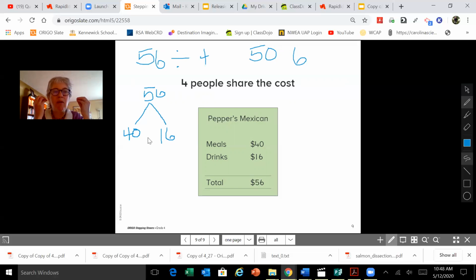Well, this to me, using my mental math, seems a lot easier. So I know that 40 is also 40. Oh, hello, Ms. B. It's not 40. Let me erase that. It's 10 times 4, which means 40 divided by 4 equals 10.